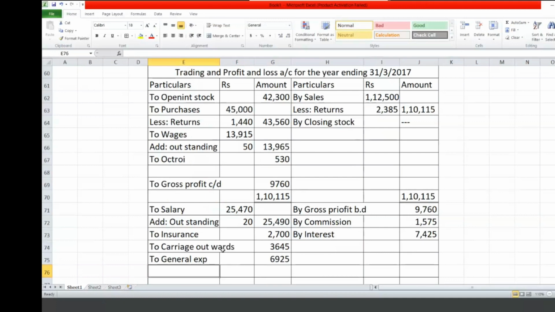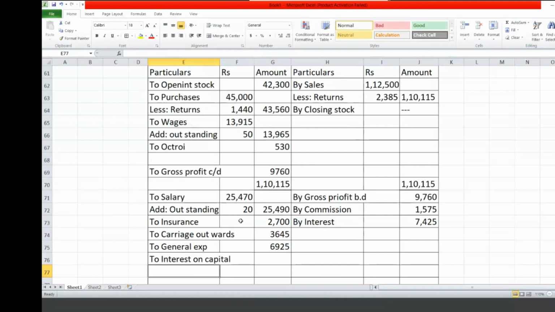Now check the adjustments. Interest on capital. To interest on capital. What is the amount of interest? What is the amount of capital first of all? 67,500. On that, what is the percentage they have mentioned? It is 10%. How much will you get? 6,750. Next, interest on drawings. If interest on capital is on the debit side, interest on drawings will be on the credit side.